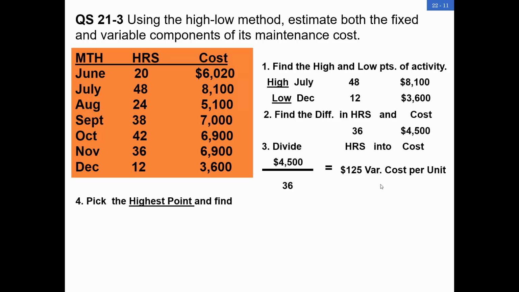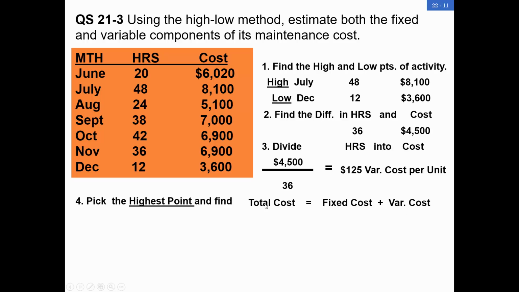Now, the next step is an arbitrary step, but it's just part of the process. We go to the highest point. The highest point in this example, activity-wise, was July, 48 hours. We know the total cost here was $8,100, made up of fixed and variable portions. At the highest level of activity, 48 hours, and with a variable cost per unit, we can figure out total variable cost.